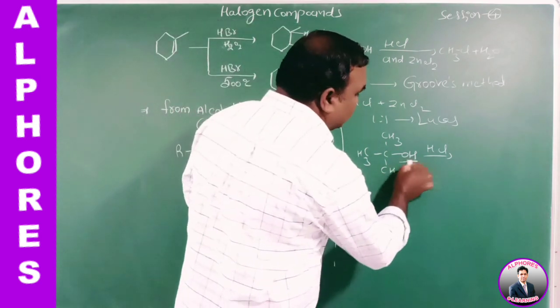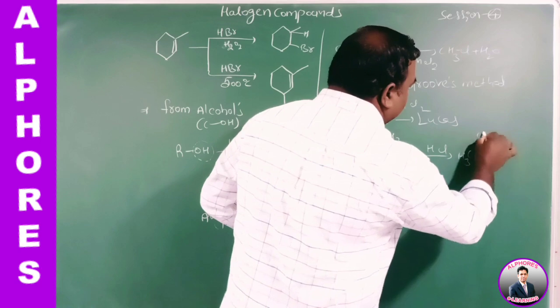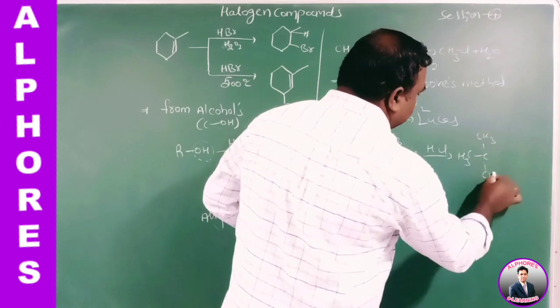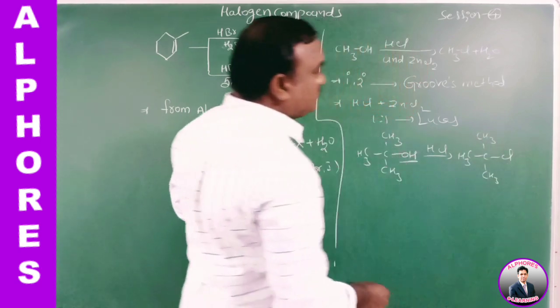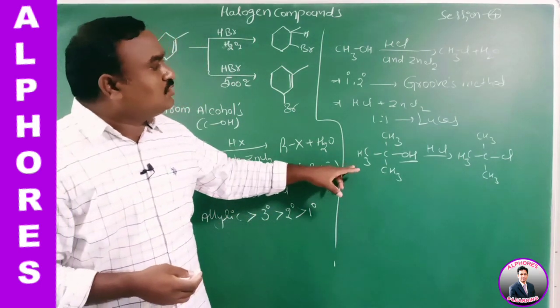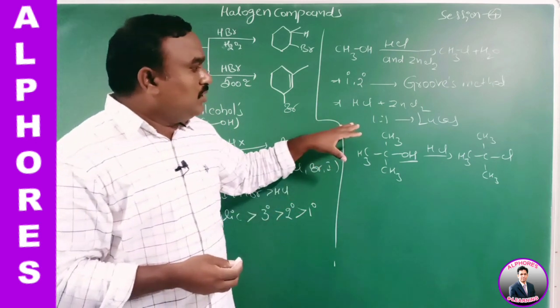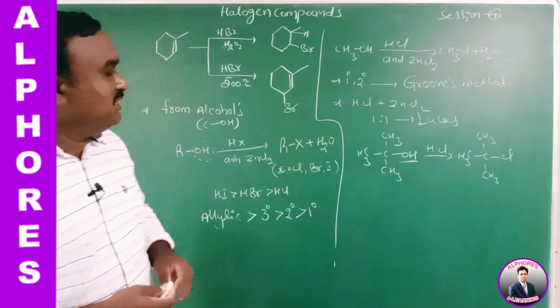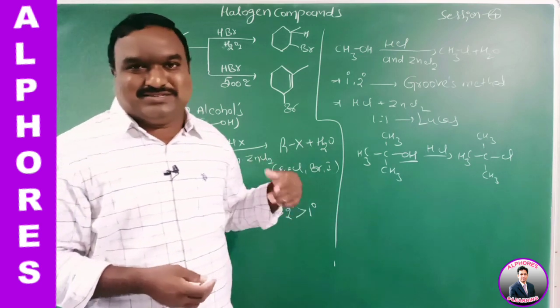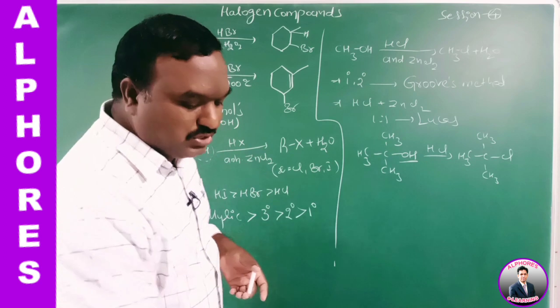The OH group is replaced by Cl, giving the CH3 Cl product. So finally the reactivity order is tertiary greater than secondary greater than primary.